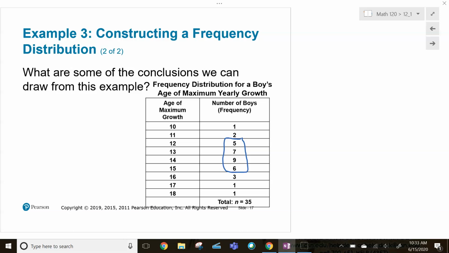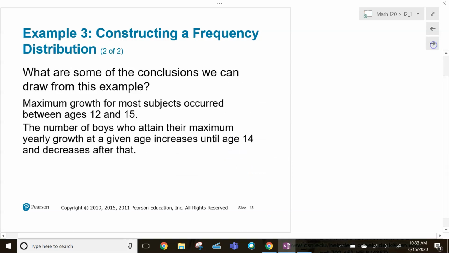And then more specifically, the most boys out of these 35 boys, nine of them, had the largest portion of their growth at age 14, right? So the number of boys who attain their maximum growth at a given age increases up until age 14, and after that, it decreases.